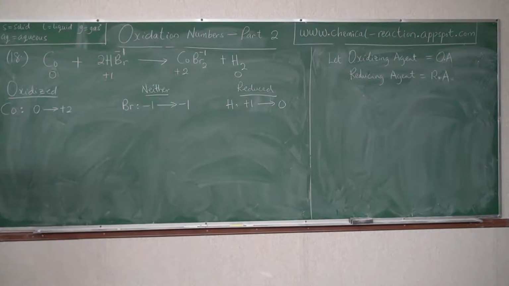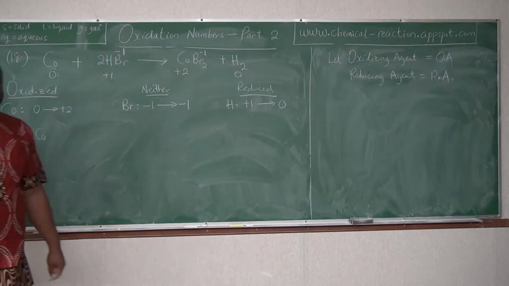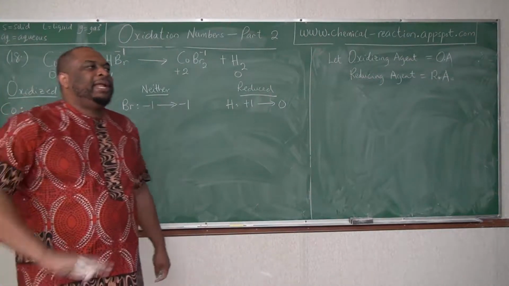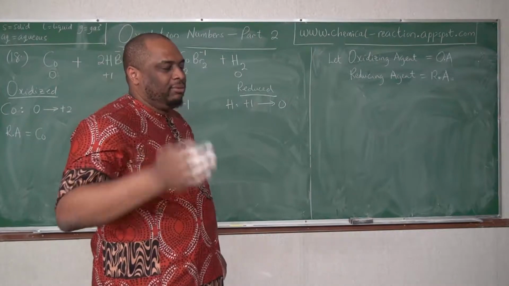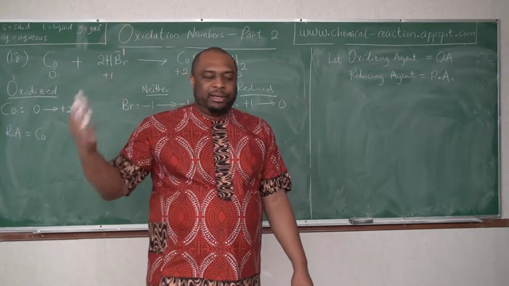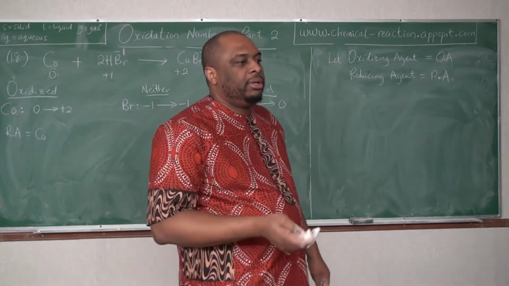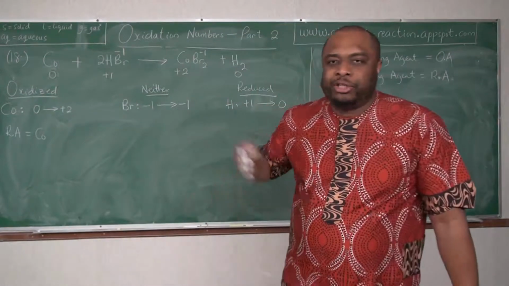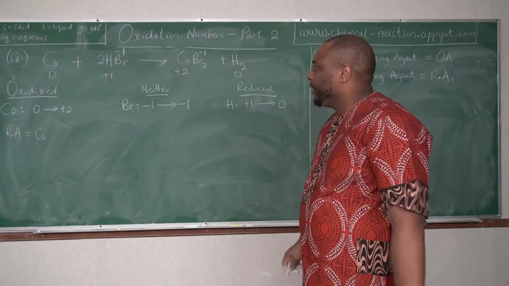And then, of course, because cobalt was oxidized, cobalt is the reducing agent. Of course, metals are good reducing agents, but I don't want you to memorize it. Later we'll do the electro activity series. I just want you to understand this here.